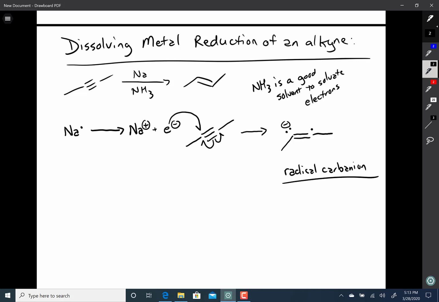Now, the carbon on the left is sp2 hybridized. It has 3 electron domains: a carbon, and a lone pair. When we talked about radical stability last time, we talked about how radical stability mirrors that of a carbocation.